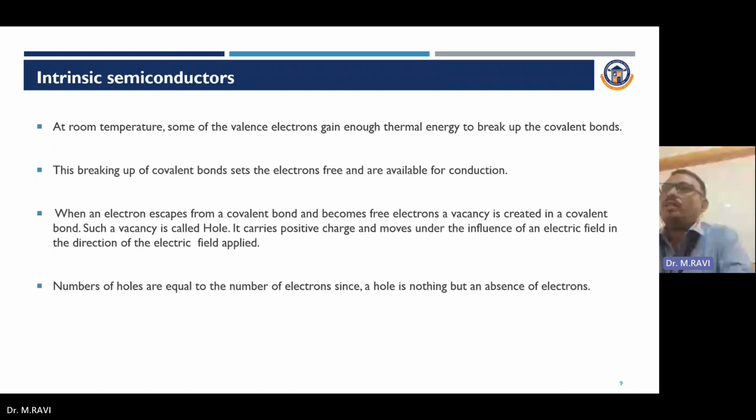When an electron leaves the covalent bond and becomes a free electron, a vacancy is created, called a hole. It carries a positive charge and moves under the influence of the applied electric field, in the direction of the electric field. The number of holes is equal to the number of electrons, since a hole is nothing but the absence of an electron.